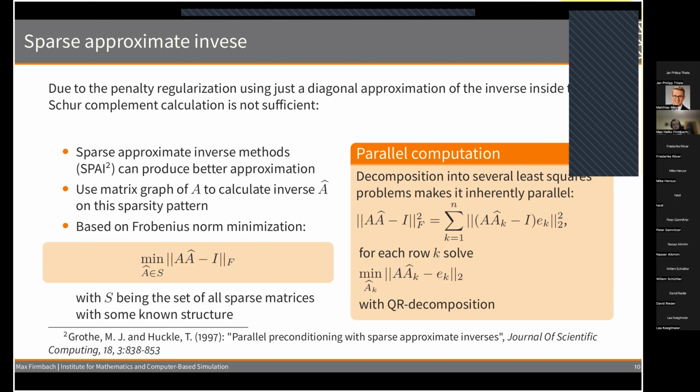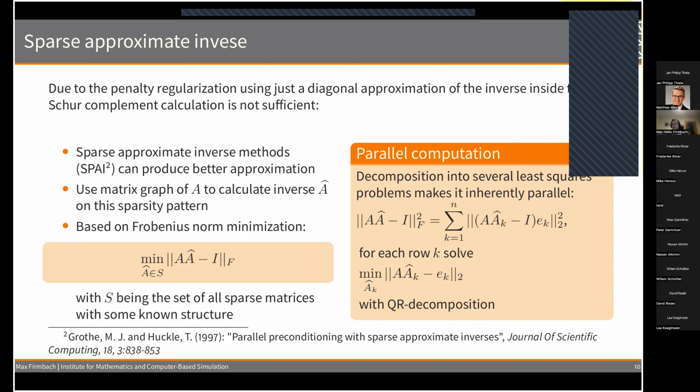So if you look at this kind of residual equation on the left side, if you multiply A with its inverse, you will get the identity matrix. And if you subtract the identity matrix, in an ideal world with a perfect inverse approximation, you will get some kind of zero. But of course, this is not realistic.